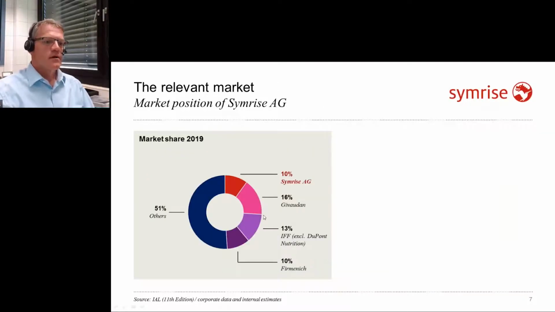So the emerging markets represent quite a large share of our sales and income. Within the flavor market, which is at about 500 billion, Symrise has a share of about 10%. And with the other three competitors, Firmenich, IFF, and Givaudan, we are dealing for about 50% of the global market.